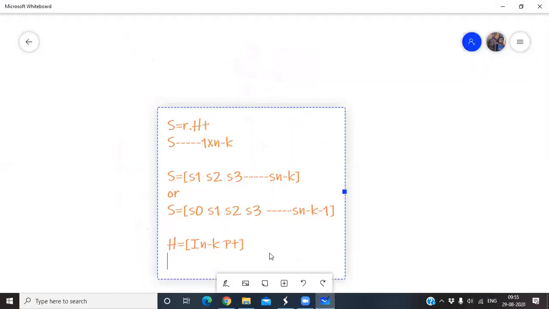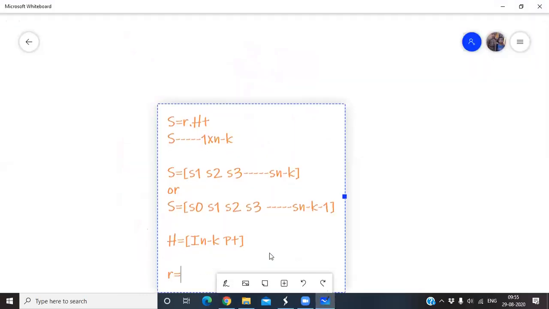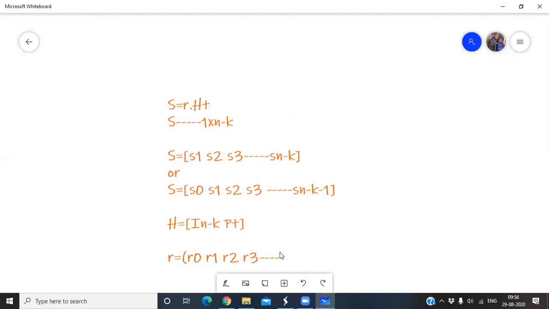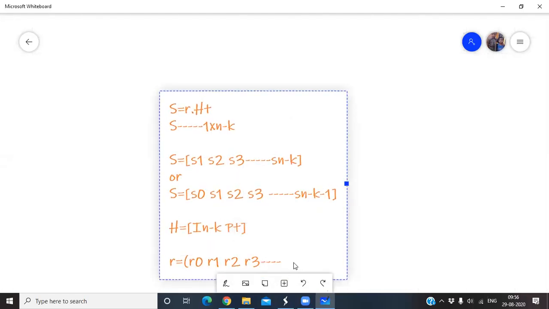For the given problem, R0 to R6. When you go for the n comma k block code, the received code vector is R0, R1, R2, R3 up to so on R n minus 1.